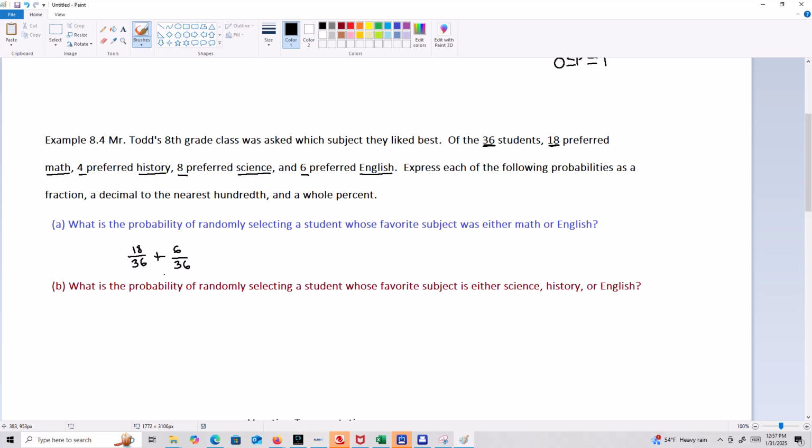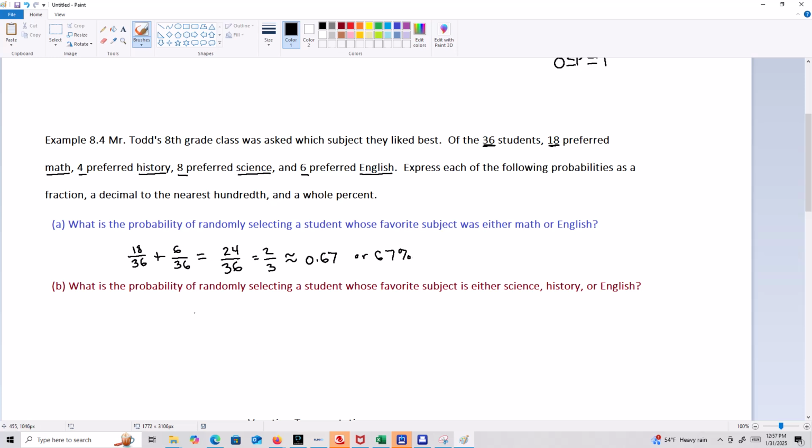You add those compound events to get the compound probability. And it is 24 out of 36, which reduces to 2/3, which is about 0.67, or 67%.